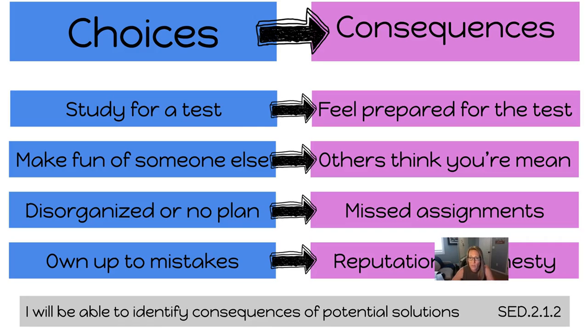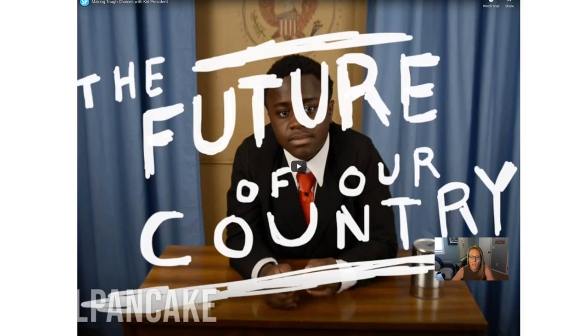If you're very disorganized and don't follow a work plan, then you're probably going to miss some of your assignments. And if you own up to your mistakes, chances are people are going to think that you're honest. So I'm going to show you this video by Kid President about making choices. I know we watched it last year, but I think this is a really good one and it's relevant, especially since this is an election year.